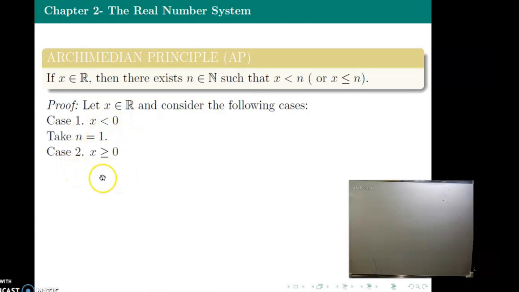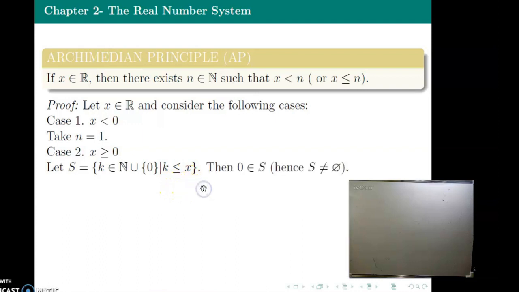Next case, if x is equal to 0 or positive, we will let the set S be the set of k in the natural numbers union 0, or k is a whole number, such that k is less than or equal to x.